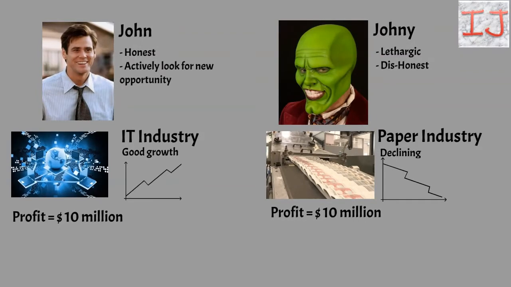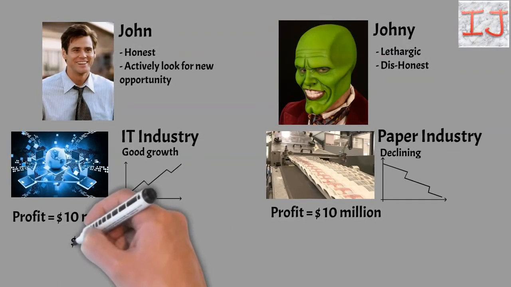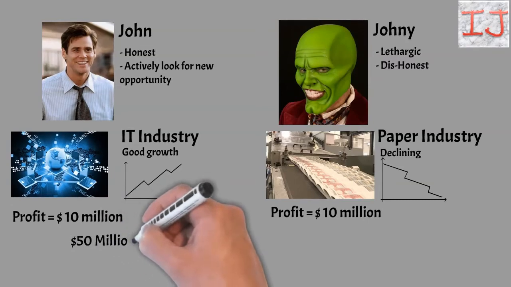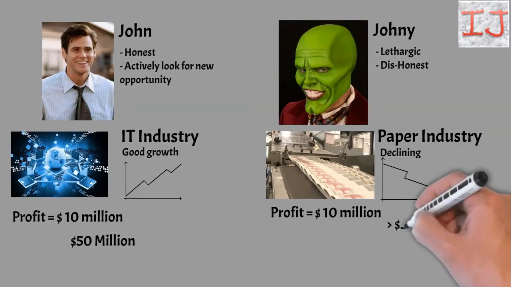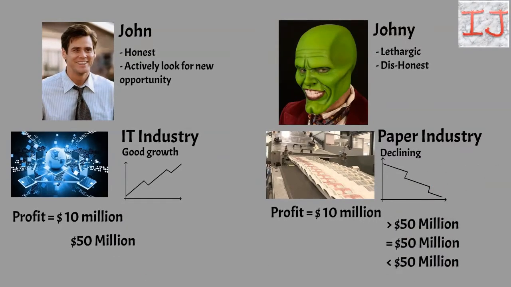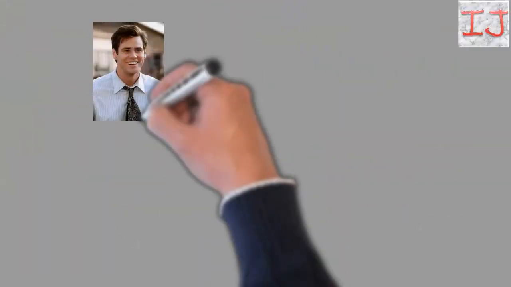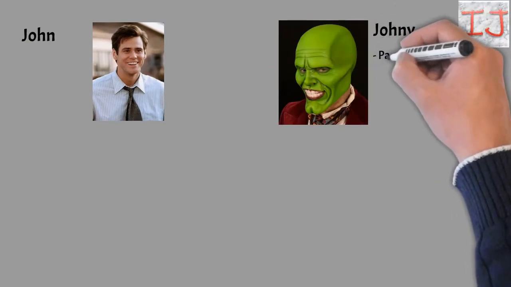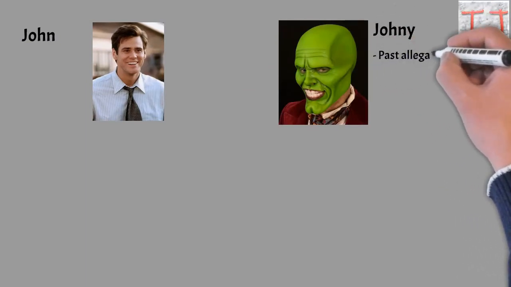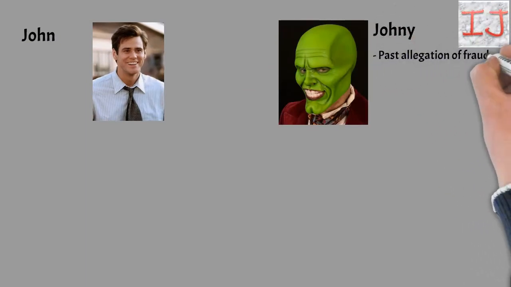Let's say you are ready to pay $50 million for John's company. Will you pay the same amount for Johnny's company? Of course not. You will pay less than what you will pay for John's company. It is not hard to tell why it is so. Some of the reasons are: first, Johnny is not honest. He has some past allegations as well.